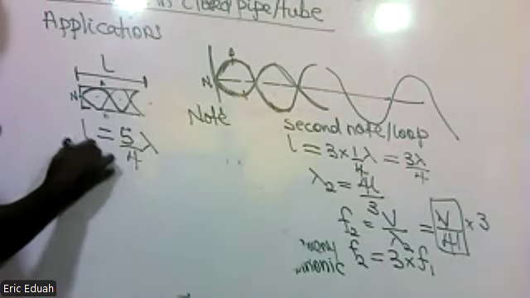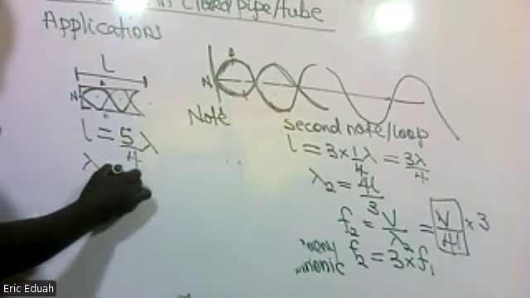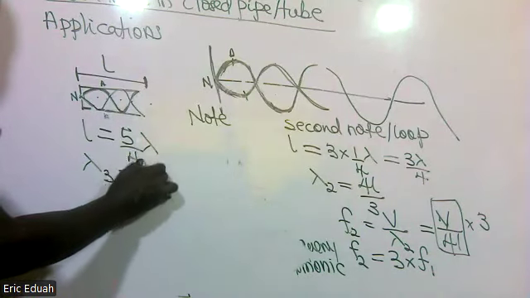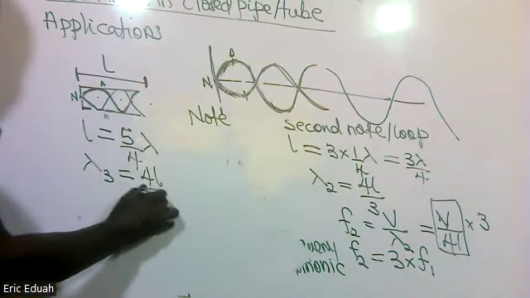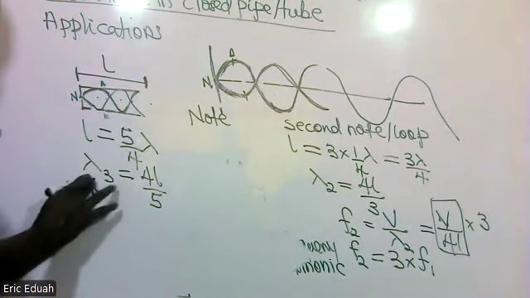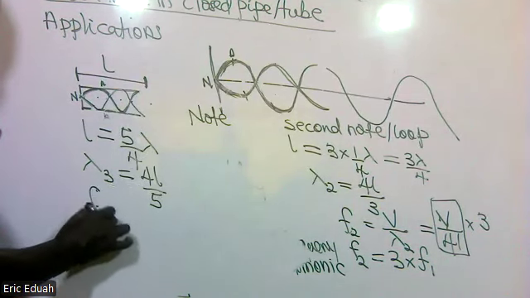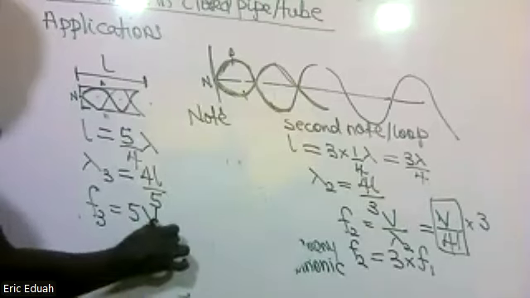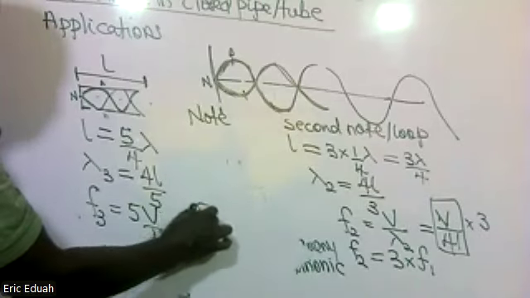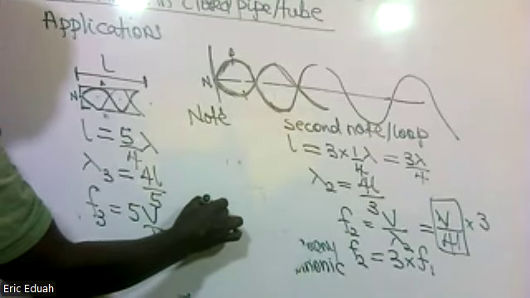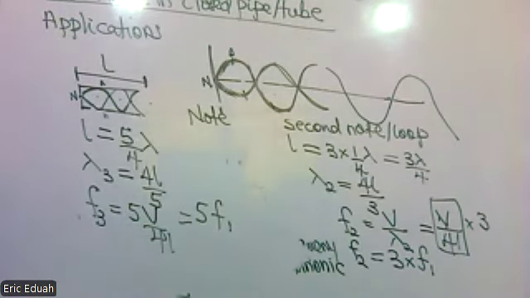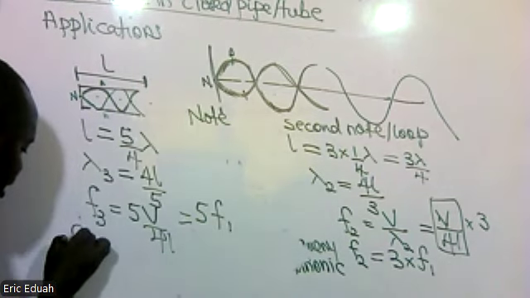Therefore, lambda 3 would be equal to 4L on 5. Then F3 would also be 5 times V on 4L, which is equal to 5 times F1.